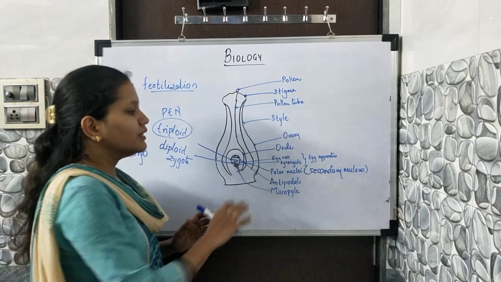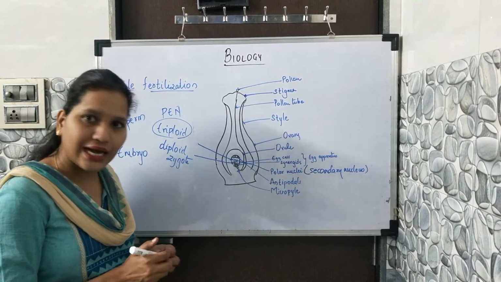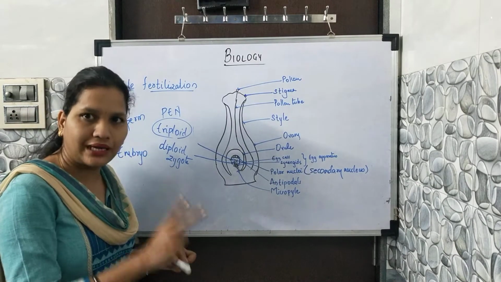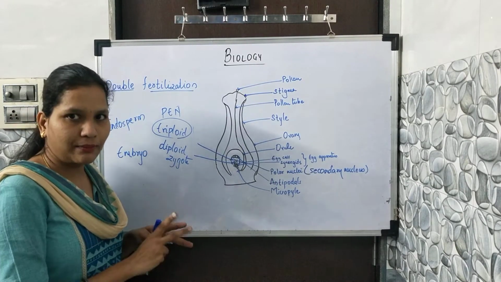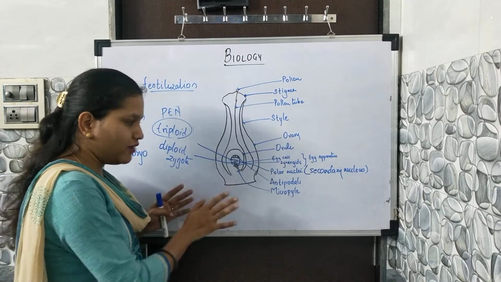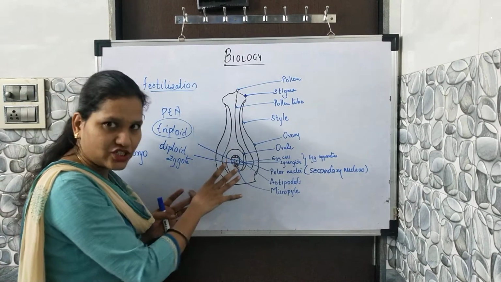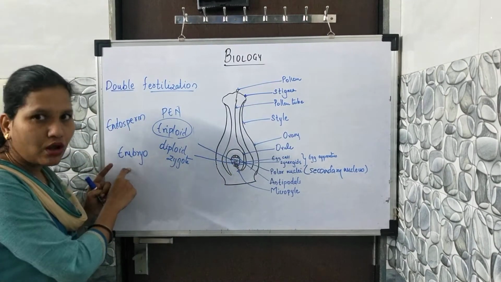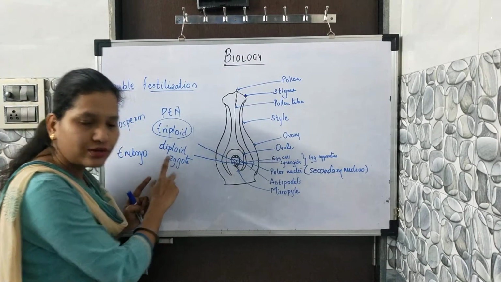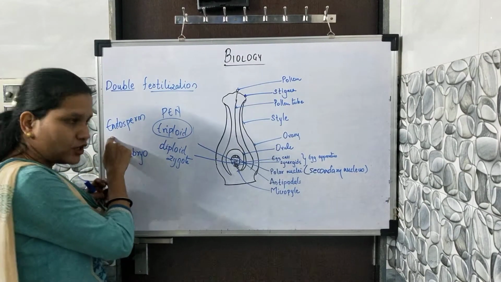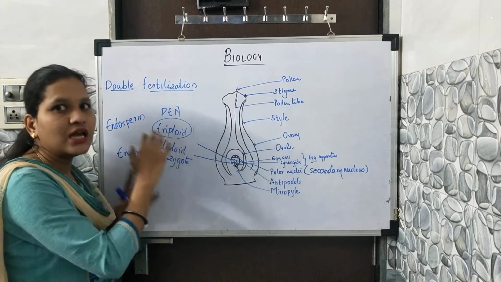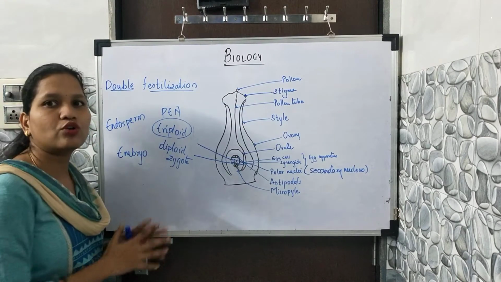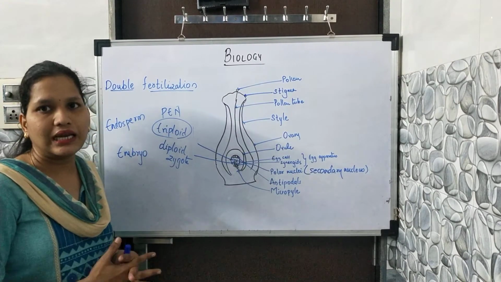Though it is a complex mechanism, when both the male gametes showed fertilization, one formed the embryo by forming the diploid zygote, whereas the other formed the endosperm by showing the triple fusion. Such a process is called double fertilization.